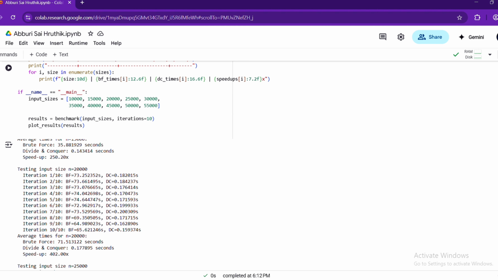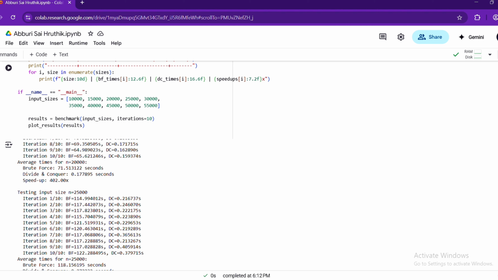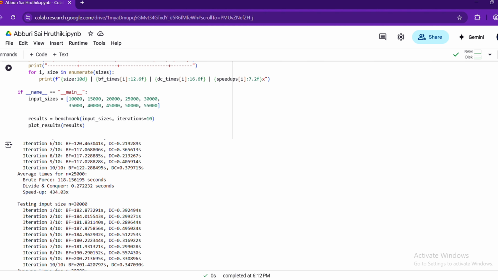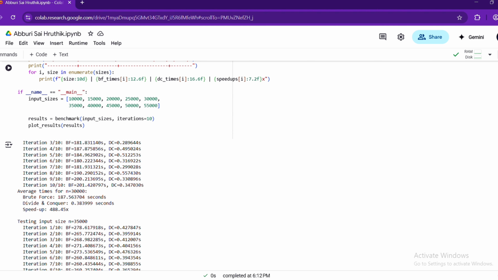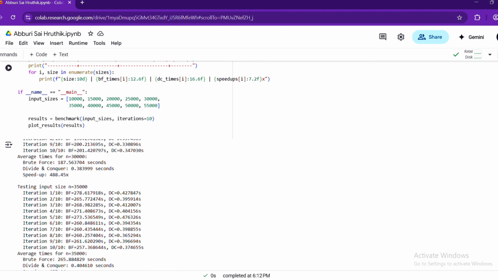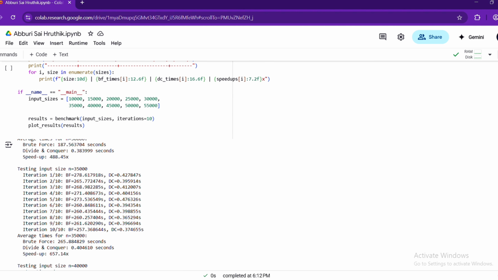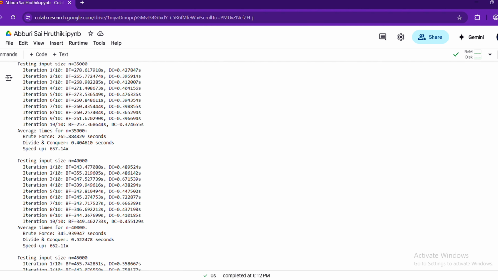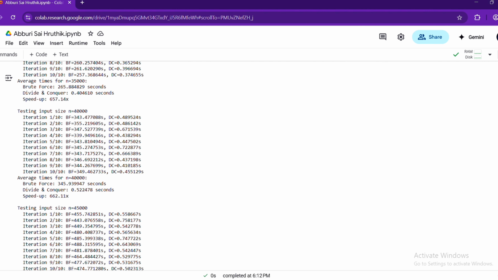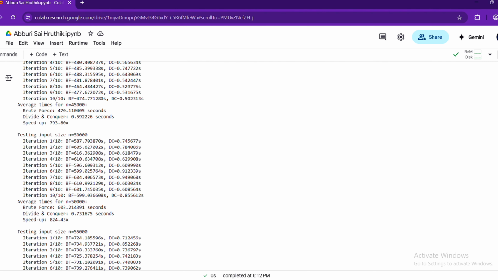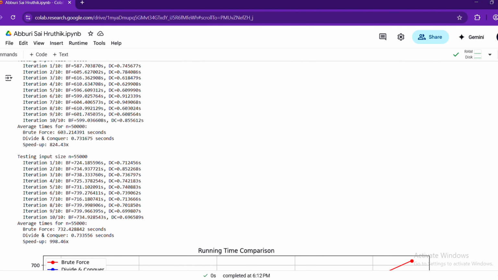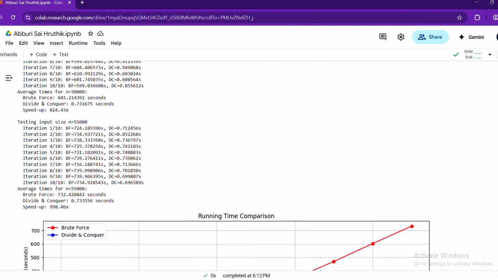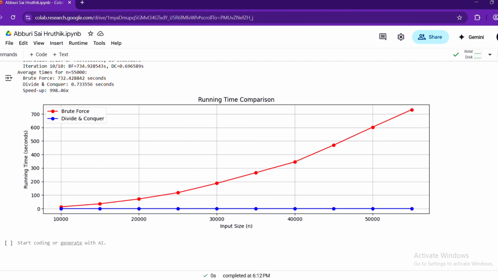We got the average runtime for both algorithms. As an example, here we can see brute force at 345 seconds and divide and conquer at 0.522 seconds, and the speed factor is 662.11.